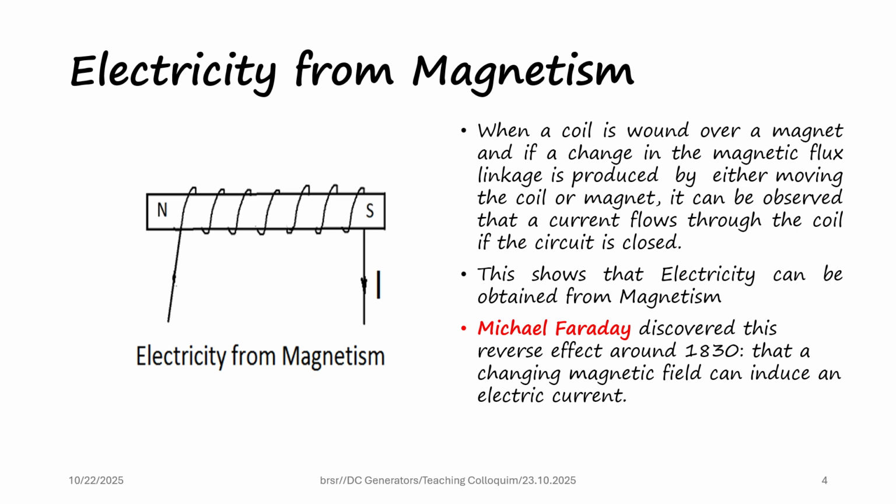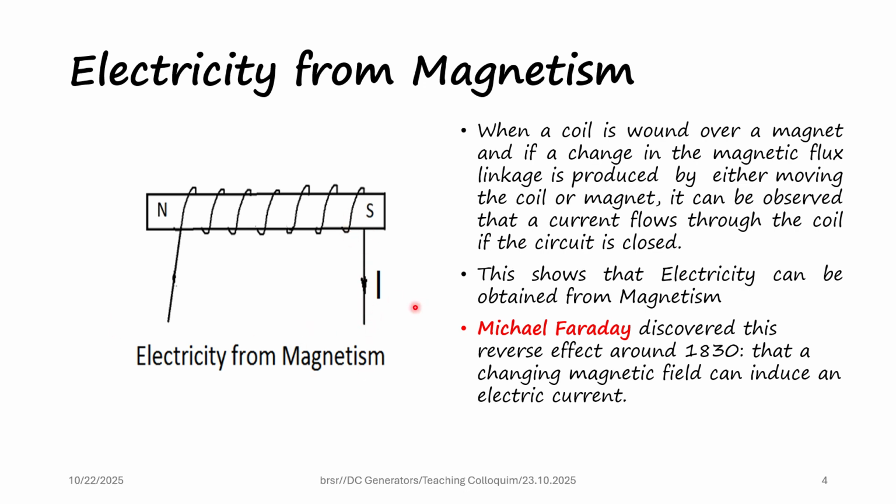We have seen that magnetism can be obtained when a current is passed through a coil wound on a conducting material. This was found out by Ørsted, but Faraday found out that electricity can be obtained from magnetism as well, the reverse effect. When a coil is wound over a magnet, and there is a change in the magnetic flux by moving either the magnet or the coil, current flows through the coil if the circuit is closed.